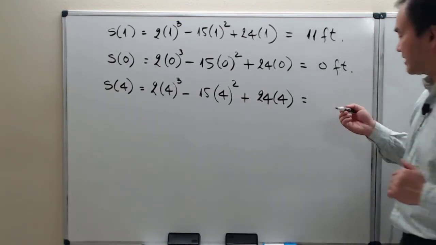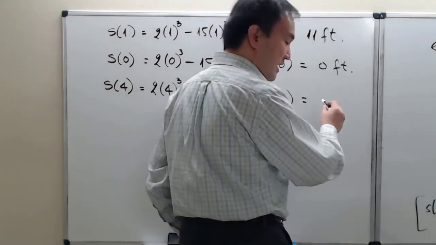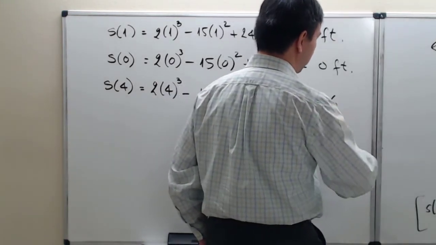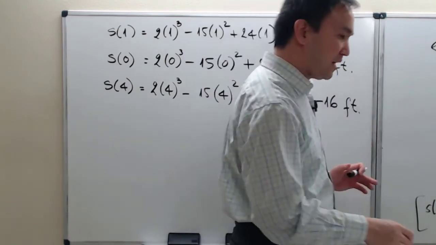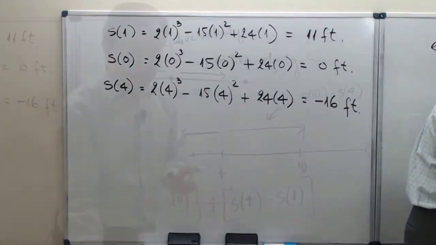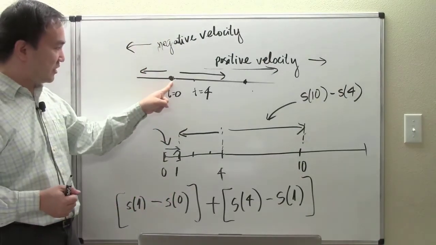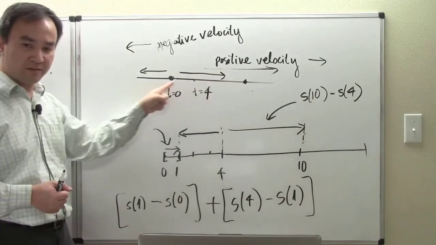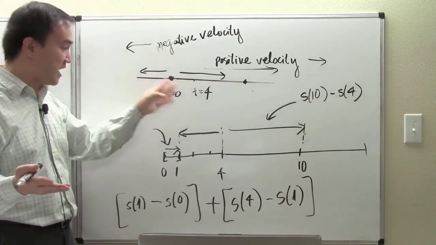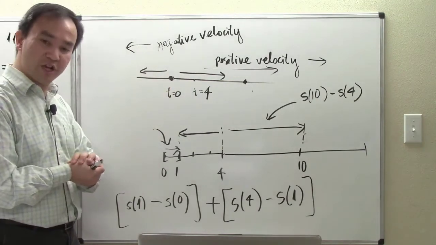And here I'm at some negative 16 feet. Don't worry about a negative position. What does a negative position mean? It just means here's your home, but you've gone backward far enough that you're somewhere over here. That's a negative position.